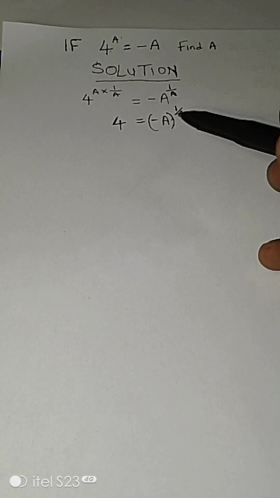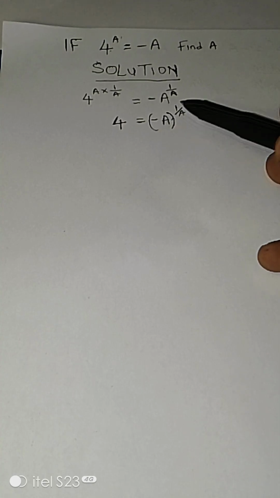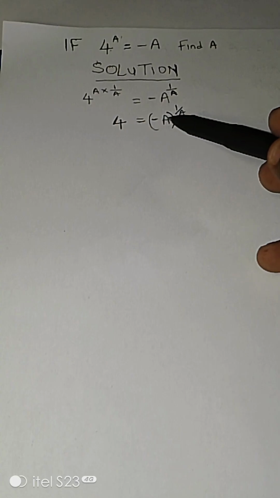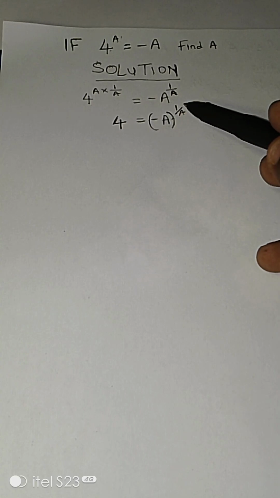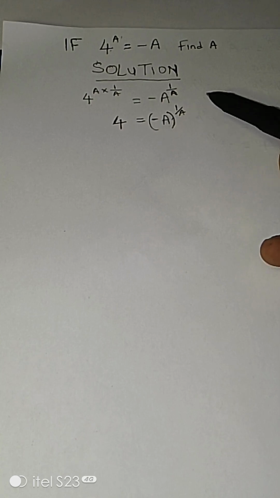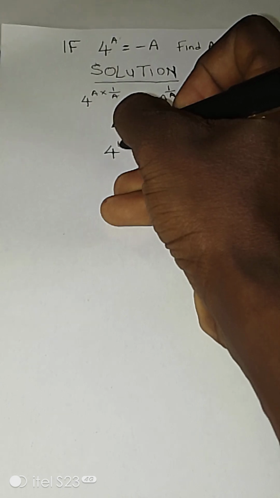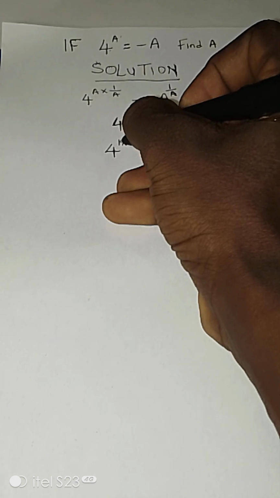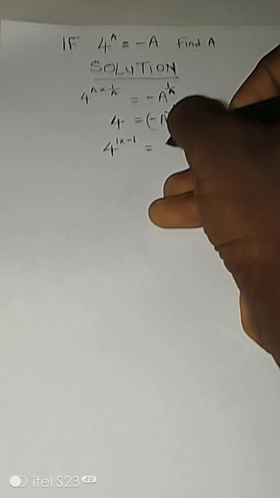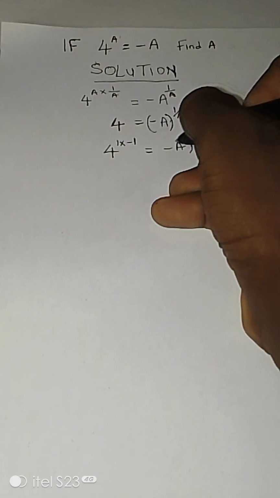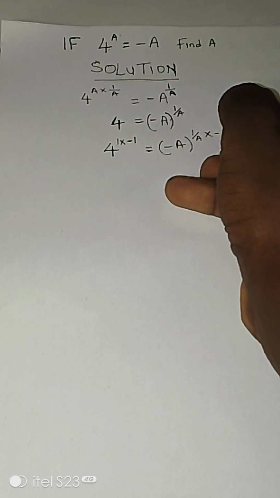So how do we do that? If you want to convert a number to become the inverse, you have to multiply the power by minus 1. So you multiply the power of 4, there is raised to power 1 before, times minus 1 equals to minus a, 1 over a times minus 1.